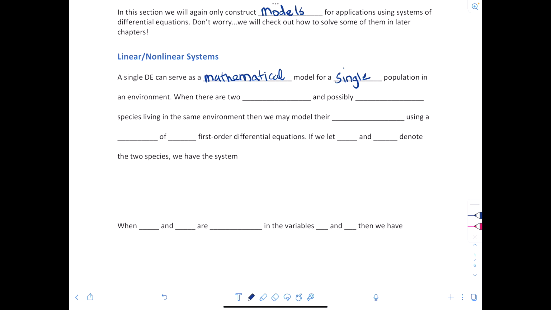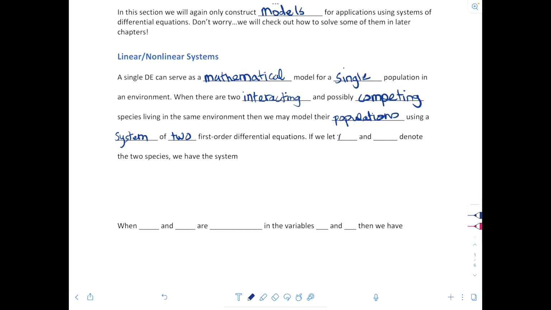When there are two interacting and possibly competing species living in the same environment, then we may model their populations using a system of two first-order differential equations.